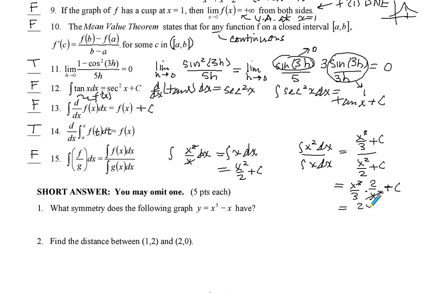This would be 2x over 3, 2/3 x plus a constant. Not the same thing as what we had here, x squared over 2, or 1/2 x. So be very careful not to do this when you're evaluating an integral. Don't integrate the top and bottom separately. You'd have to bring your exponent up as a negative and multiply it through, use power rule, or do a u substitution or something like that.